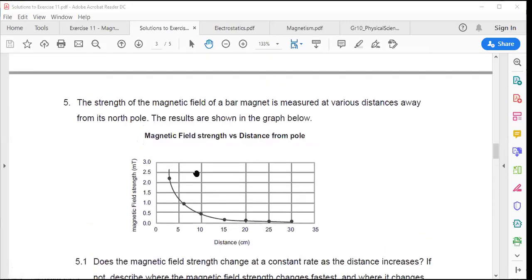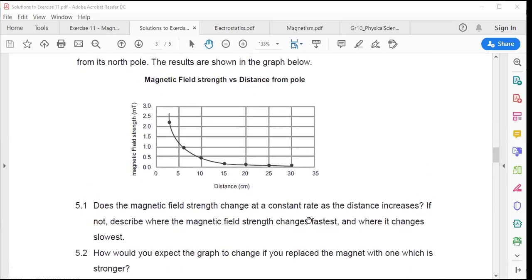Another way to answer this, it says, if not, describe where the magnetic field strength changes fastest. So you could use numbers. You can say it changes the fastest between around about, this looks like a 2.5. So you can say between 2 and maybe 8.